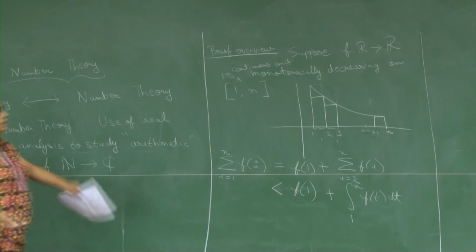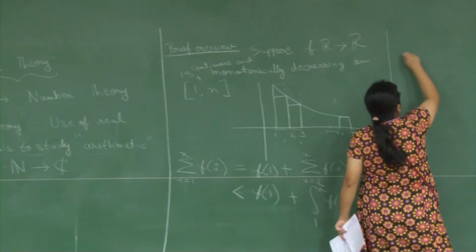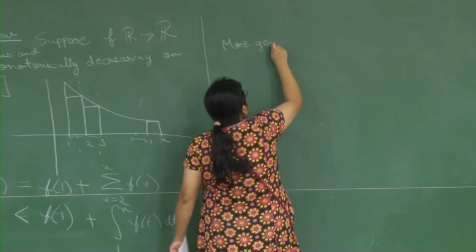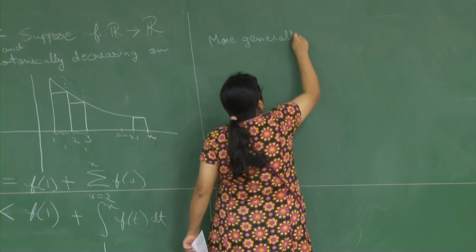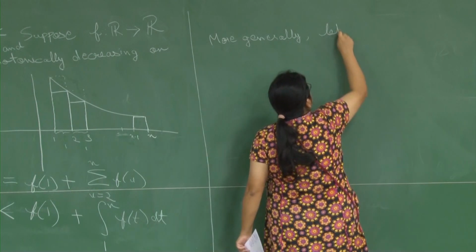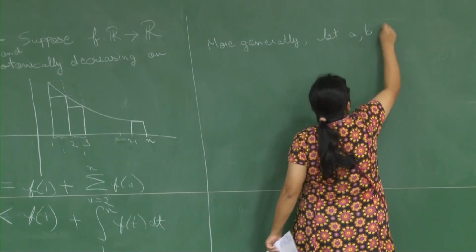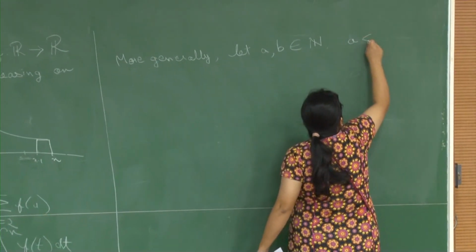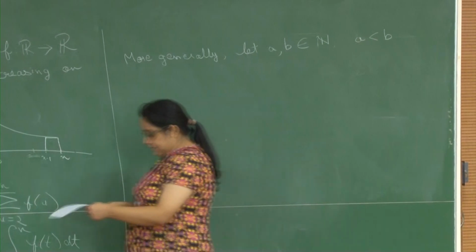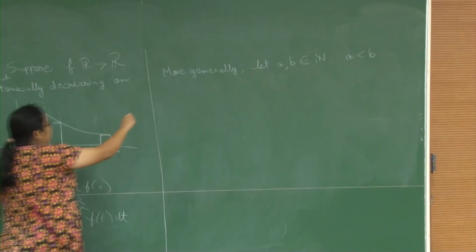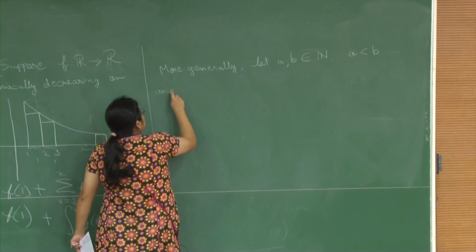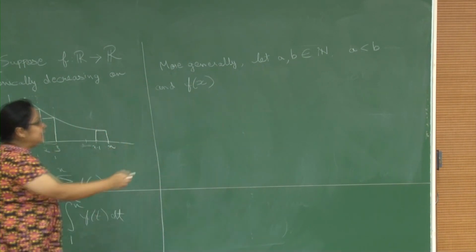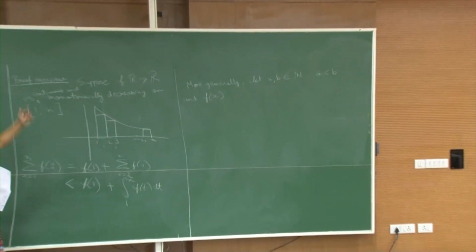And more generally what we have is that suppose you have two natural numbers a and b, okay, with a strictly less than b, and let us say that f of x is a monotonically decreasing or a monotonically increasing function.